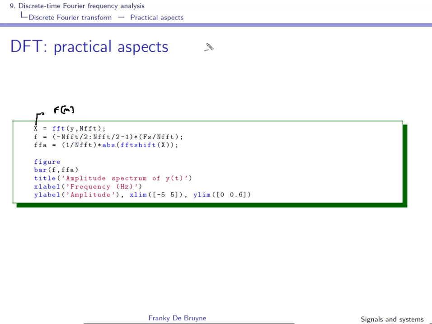Remember that starting from the Fourier transform and then discretizing, we have obtained the DTFT, and there the variable was omega that lives in the interval 0 to pi. We do not consider 2 pi again, otherwise this would lead to the same discrete frequency. And remember that omega was omega analog times Ts, right?